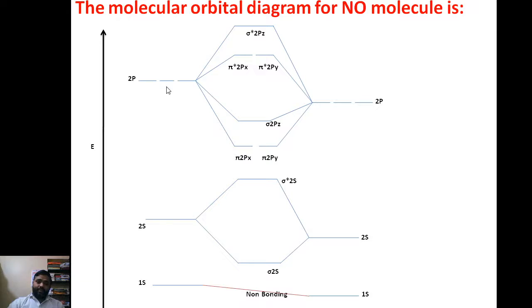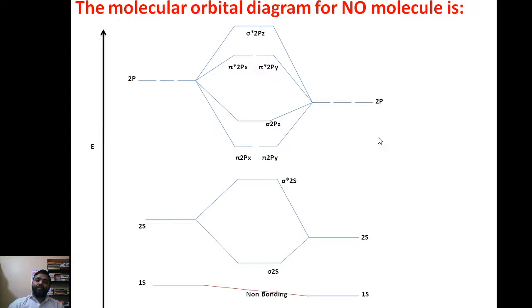Now p has three orbitals, px, py, and pz. The same in the 2p orbital: px, py, and pz orbitals. Three orbitals overlap with three orbitals to form three bonding and three anti-bonding. For px and py, the interaction is a lateral overlap that creates a pi bond.